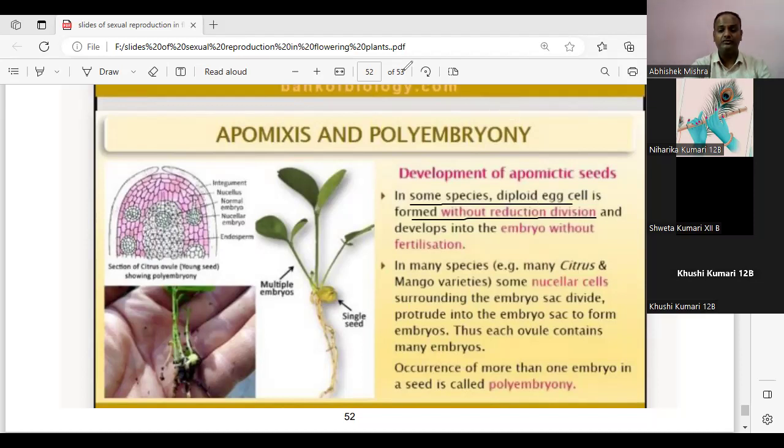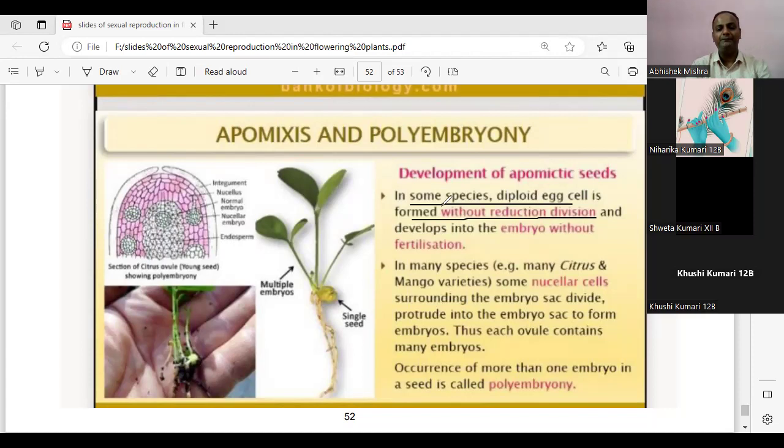Normally, Khushi, egg will be always, see, no Niharika, egg is N. Egg is N, male gamete is N, they fuse to form 2N.